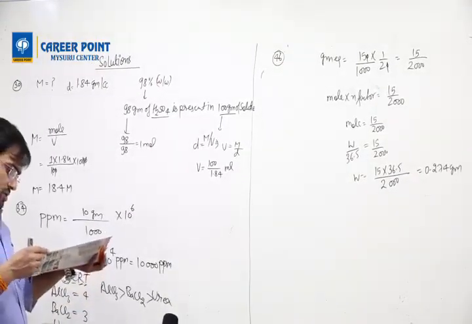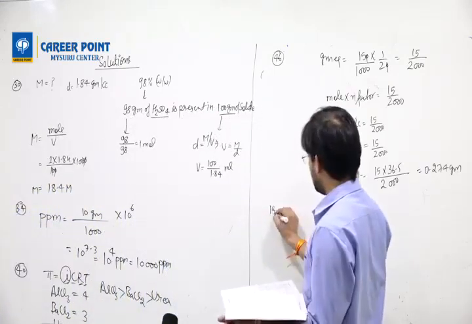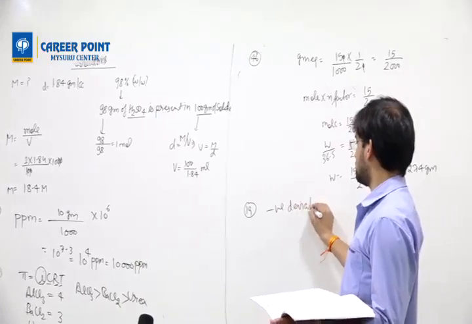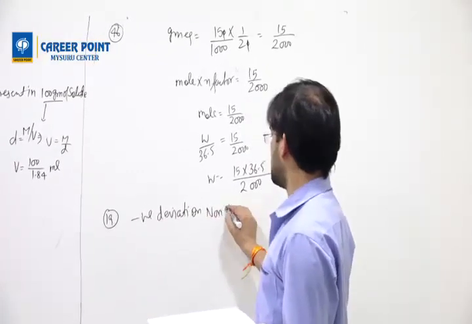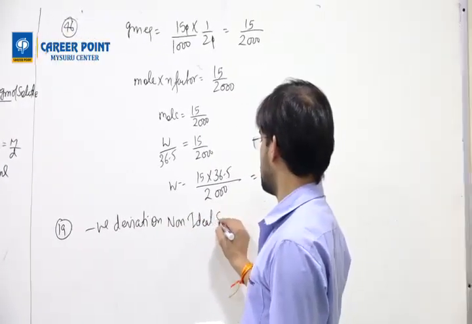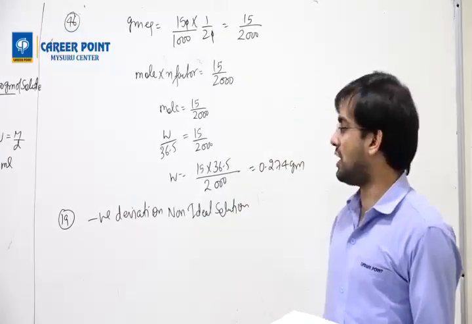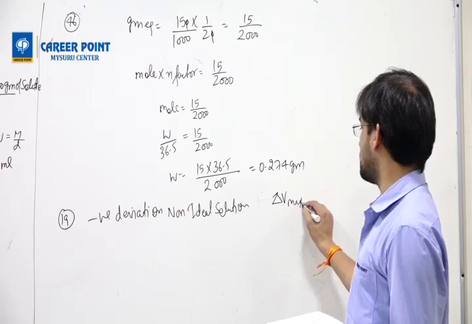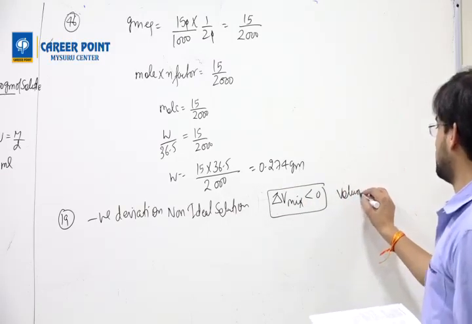Which pair shows contraction in volume? All mixing. So question number 19 means if you have negative deviation, non-ideal solution, their delta V mixture is less than 0. This means volume contraction.